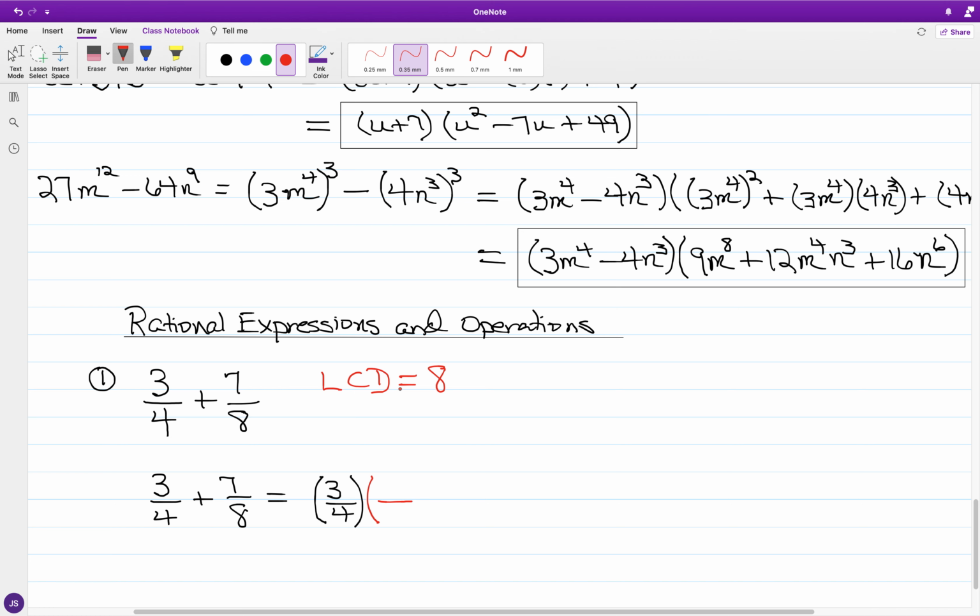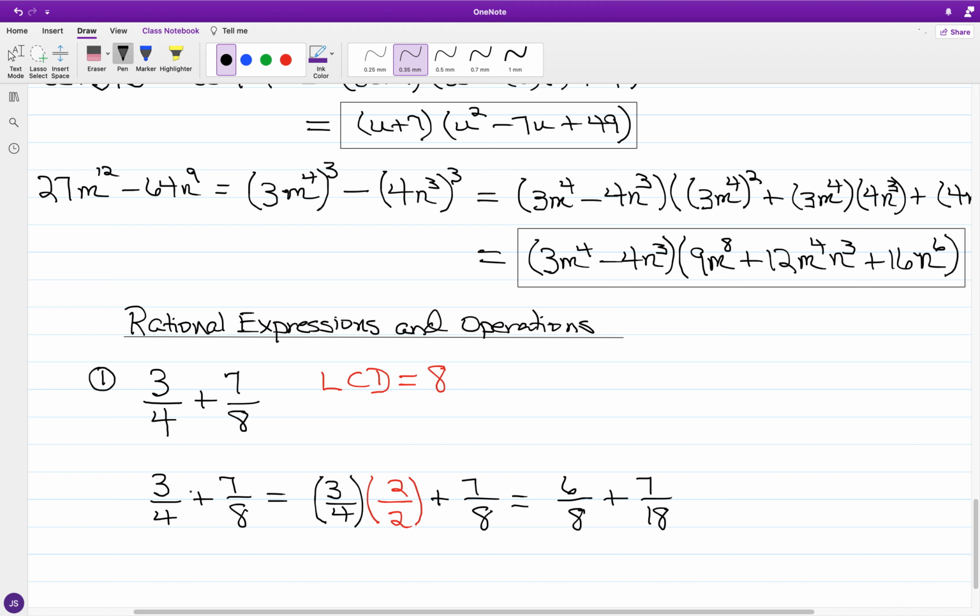And in this particular case, 4 will go into 8 2 times. So I'm going to multiply by 1 in the form of 2 halves and 7/8. That already consists of the least common denominator. And for 3/4, if I multiply by 2 halves, 3 times 2 is 6. 4 times 2 is 8. So I have 6/8 plus 7/8.